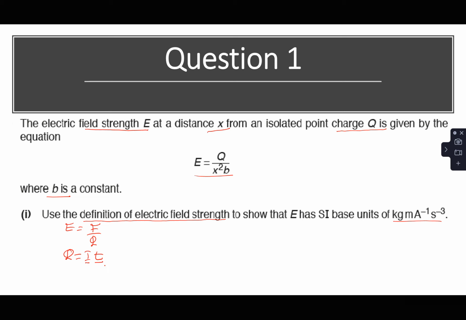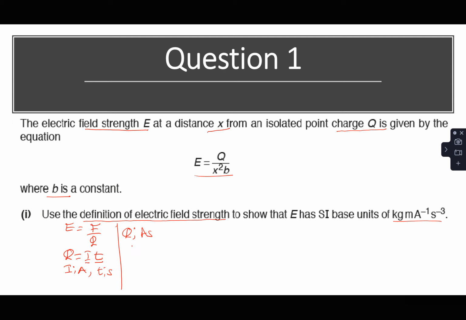Time is a base quantity, its unit is a base unit. We know that current is measured in amperes, so the base unit of current is amperes. Time is measured in seconds, the base unit of time is seconds. So combining those quantities and their units, we have that the base units of charge are going to be ampere seconds.